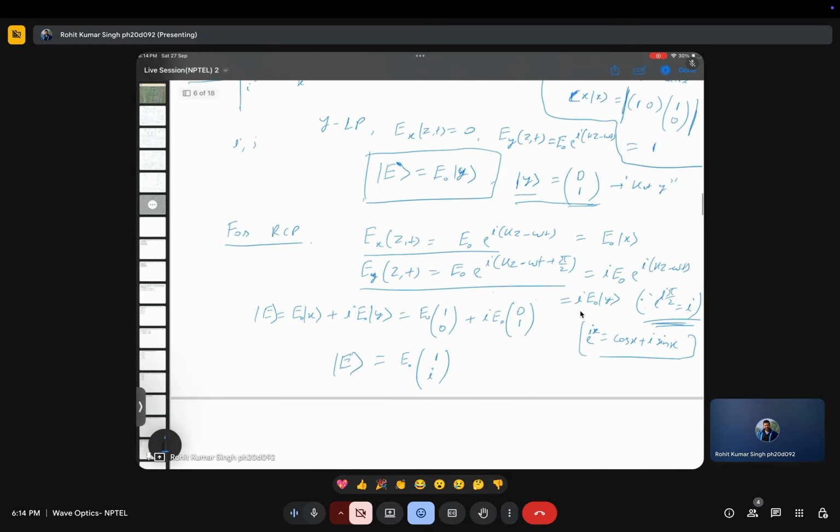Right? So 1 plus 0 and then 0 plus i. You know the matrix addition, right? So (A, B) plus (C, D) is equal to (A plus C, B plus D). Okay, so that's what I have used here. Is it fine? So this is your right circularly polarized wave.